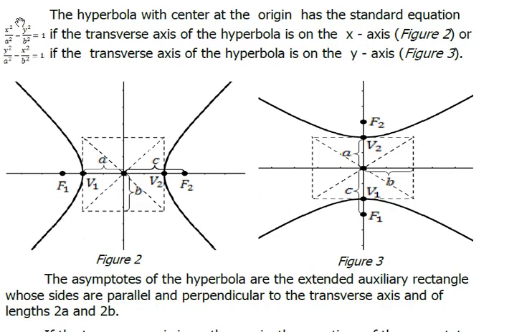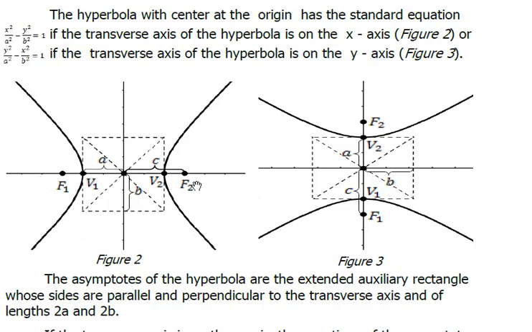Take note, the x part here is the minuend, and the y part is the subtrahend. So if the minuend contains x squared, then the transverse axis is the x-axis.